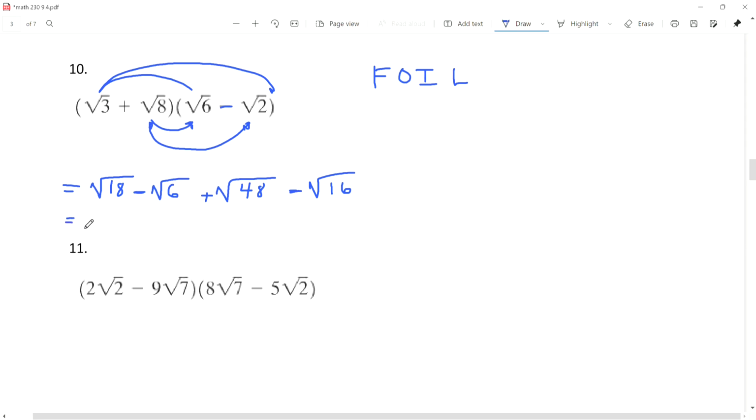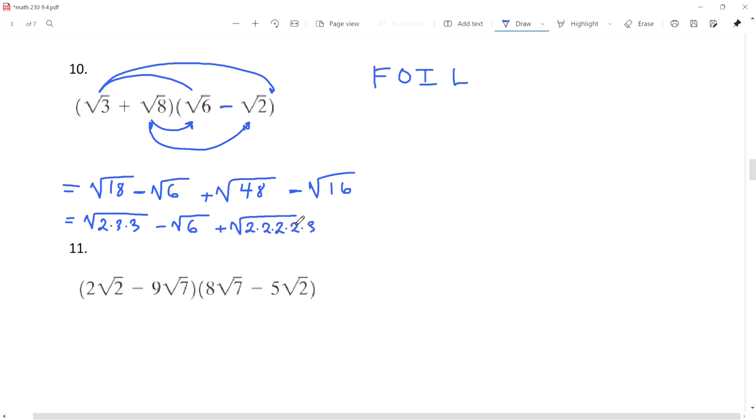So let's simplify. I can simplify the square root of 18 a little bit further. We can make a factor tree, and this is 2 times 3 times 3. The square root of 6 is just 2 times 3, so there's no pairs. I'll leave it as the square root of 6. The square root of 48, I can simplify that as 2 times 2 times 2 times 2 times 3.